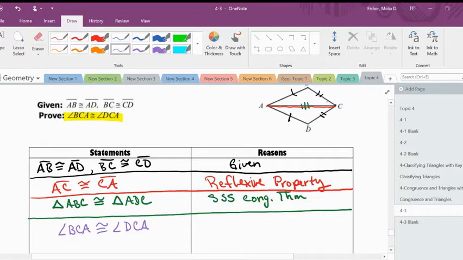BCA is this angle right here, and DCA is this angle right here. And the reason that that is true is because if those triangles are congruent, then the parts have to be congruent. So we're going to say that corresponding parts of congruent triangles are congruent, CPCTC. And that is our reason.